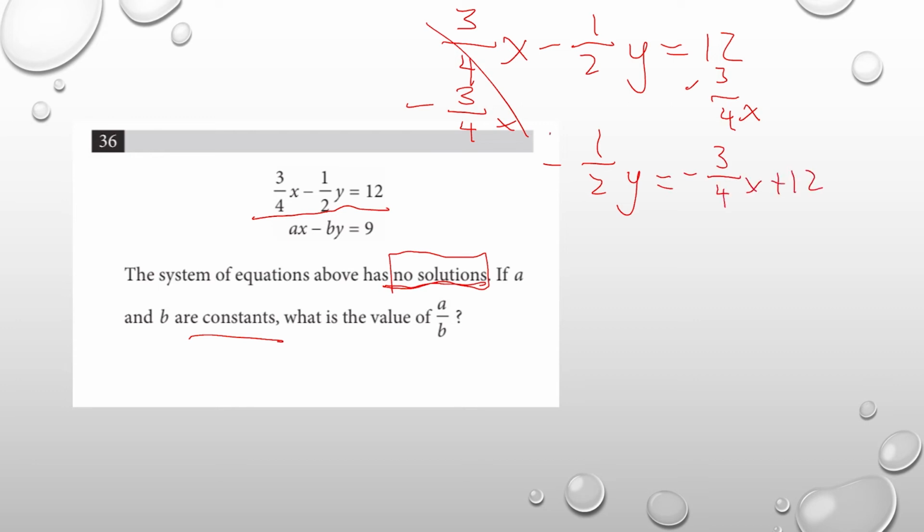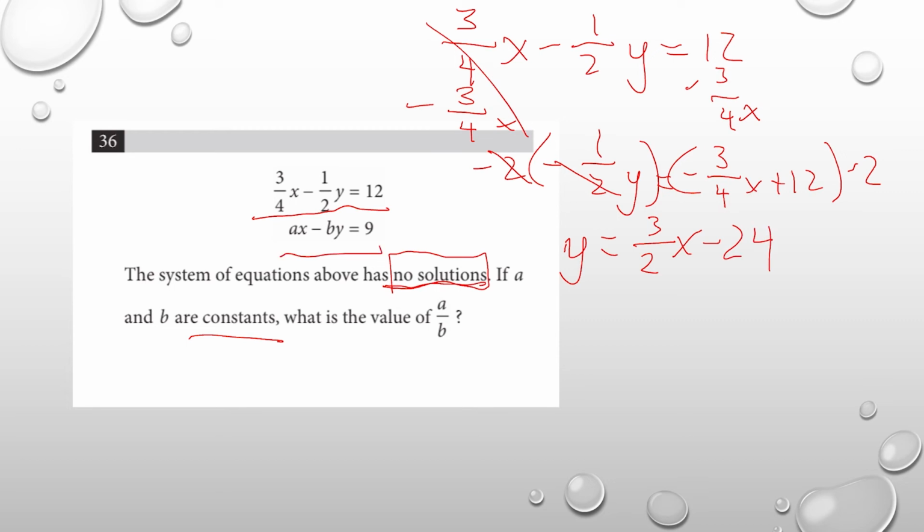And then we can multiply by -2 on both sides, which will cancel out here, and we're left with y is equal to, see, -2 times -3/4. That's positive 6/4, or just 3/2x. And 12 times -2 is -24. Okay, and then we'll do that same thing over here.